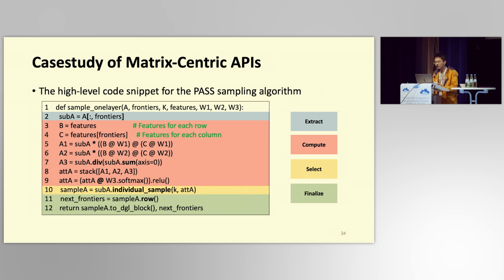For instance, at line 2, we do frontier extraction, and from line 3 to line 9, complex computation is done to get the bias, which involves tensors. And at line 10, we do neighbor sampling, and in the last two lines, we just prepare the frontier for the next loop and return the results to the GNN framework for training.